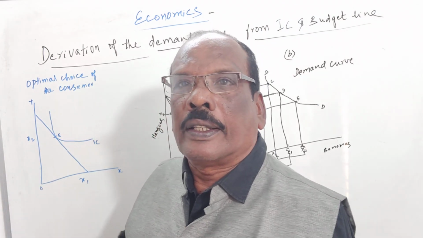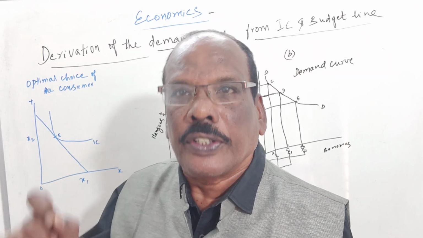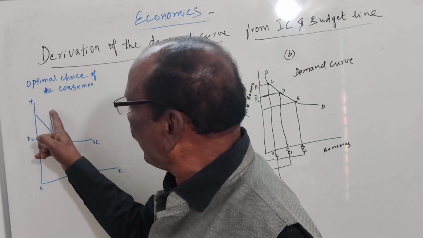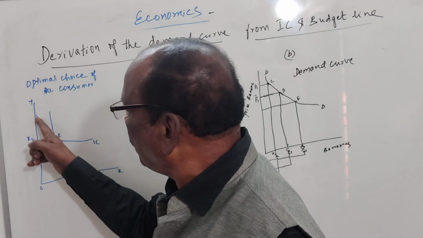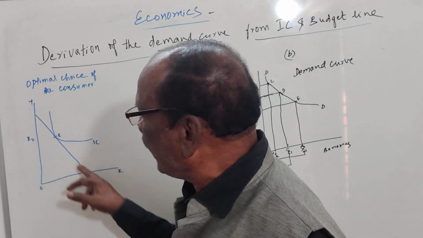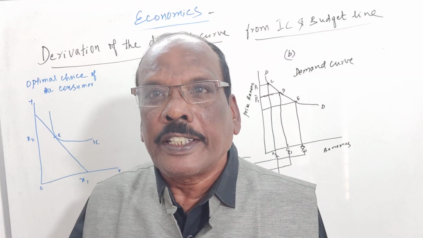That is, the consumer attains equilibrium, or he maximizes his satisfaction, when the indifference curve is a tangent to the budget line. You know budget line. Budget line is a straight line. It slopes downward. And what is budget line?